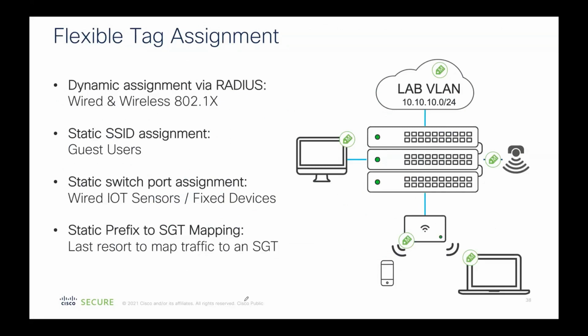And you can assign these. The most common way, obviously, is using ISE with 802.1X or MAC authentication bypass to assign a tag to a user or device. You can also do it statically for a particular user group, or you can do it statically by switch port or with a particular set of IP ranges.